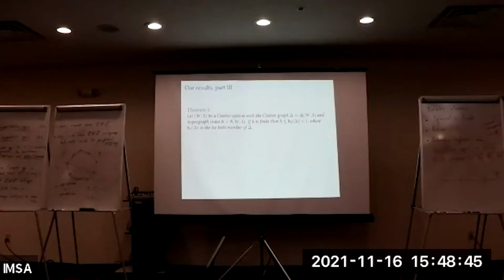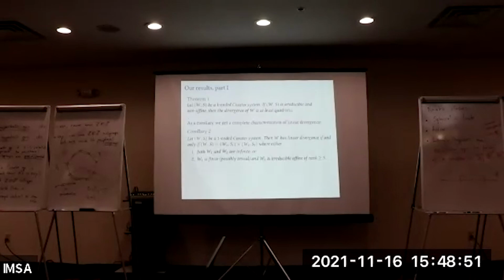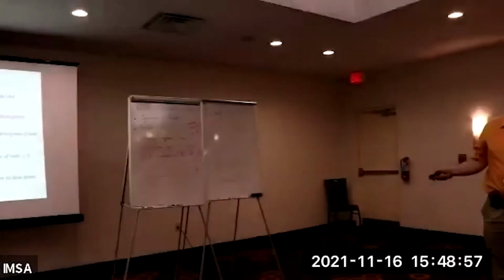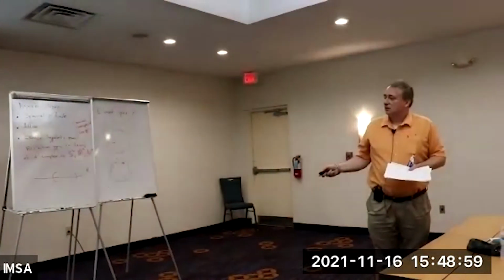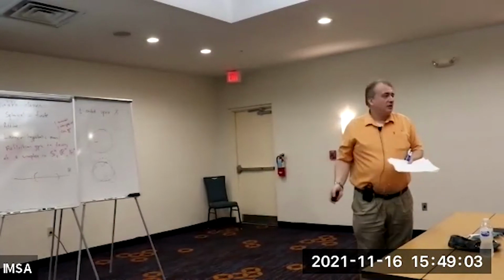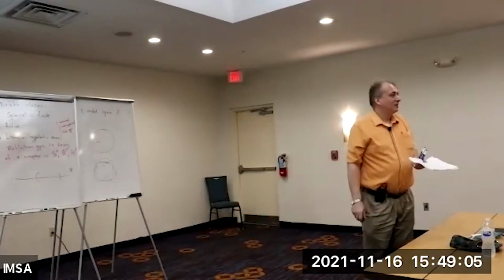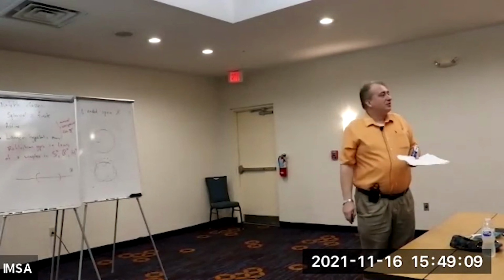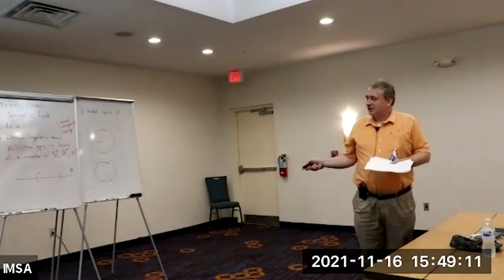Can you go to corollary 3, where there was nothing between r and r squared? Is it common to have such a gap? I don't know examples where there is something in between.